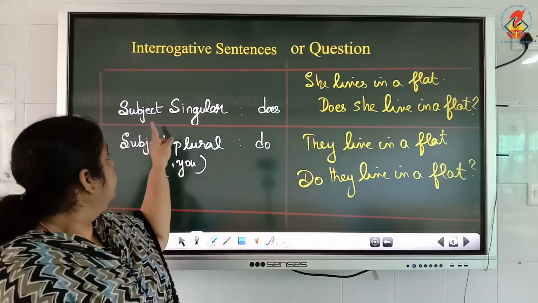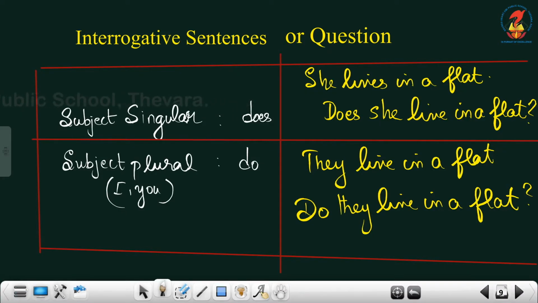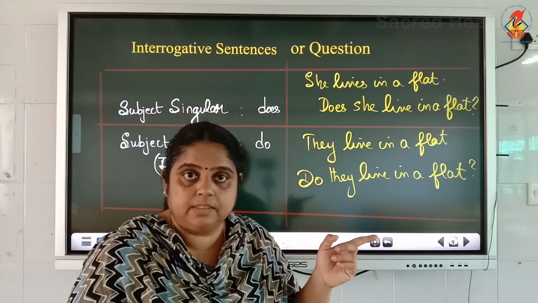If the subject is singular, again, you have to use does. And if the subject is plural or if it is I or you, you have to use do. Example is given. She lives in a flat. Does she live in a flat? That is the question.